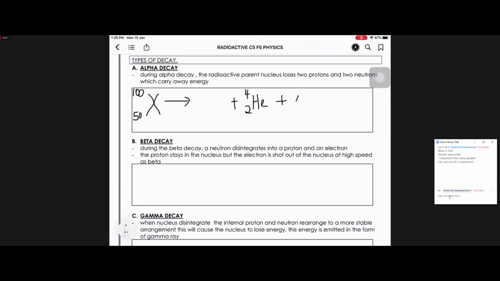The energy can be in the form of gamma ray or heat, all right? That's energy. The new element formed after the first decay, releasing helium, will have a nucleon number of 96 and proton number of 48, because 48 plus 2, you get back 50.